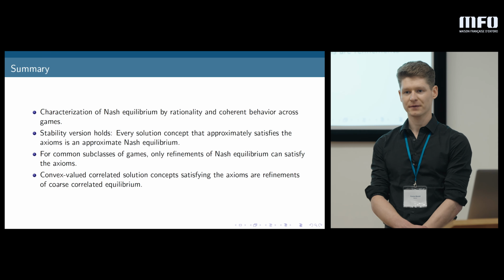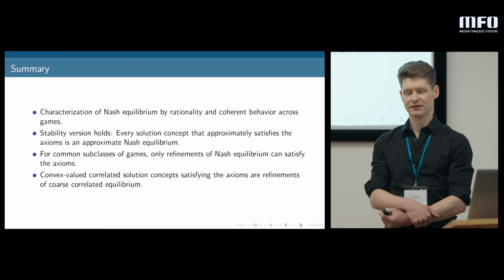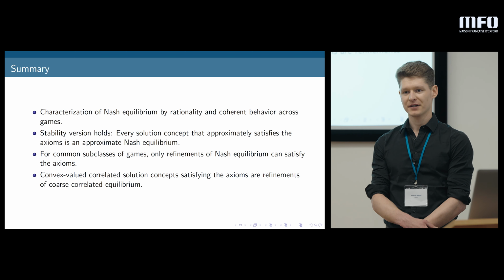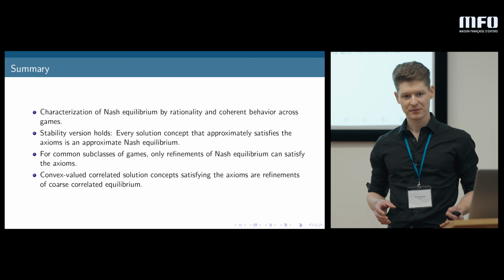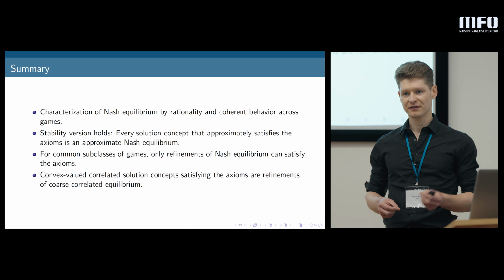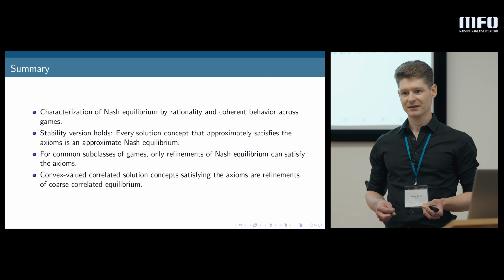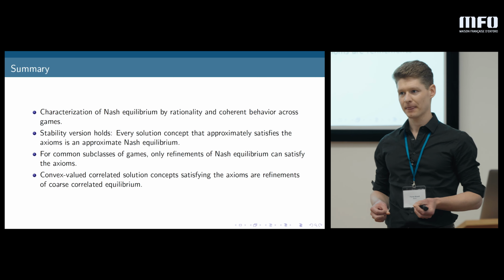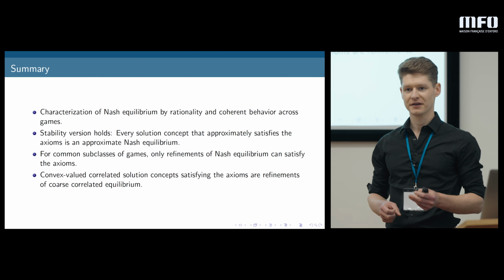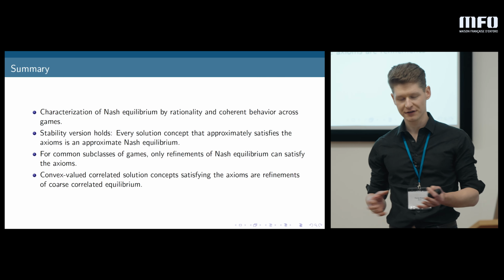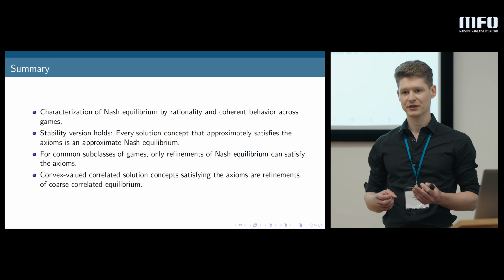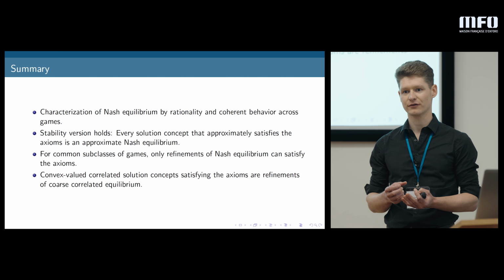You would like to show that the solution concept has to return this Nash equilibrium, and then write the game as a convex combination of games where this Nash equilibrium is the unique Nash equilibrium. You have a strictly dominant strategy. And then consistency tells you it also has to be returned in the convex combination of those games.